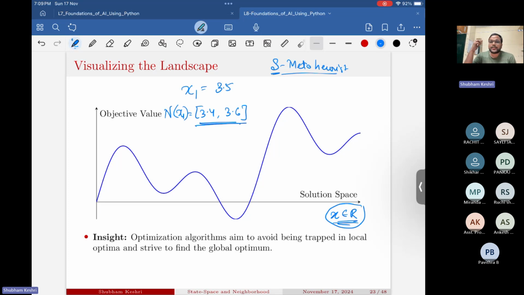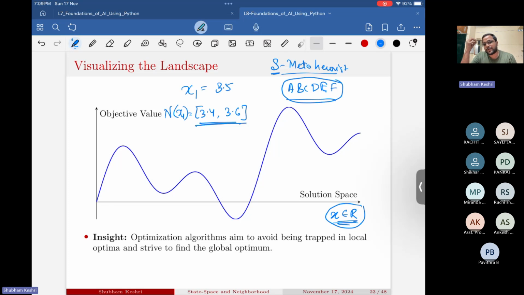But suppose we are using a permutation representation, A, B, C, D, E, F. For the traveling salesman problem, this is my representation. Now you tell me what can be a neighborhood of this solution, because this is also a solution, as we talked about. How would you think about the neighborhood? Because to do local search, you have to have the concept of neighbors.